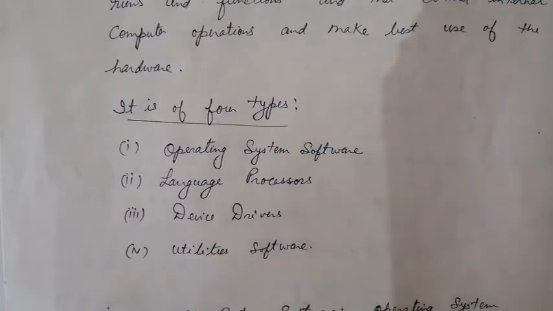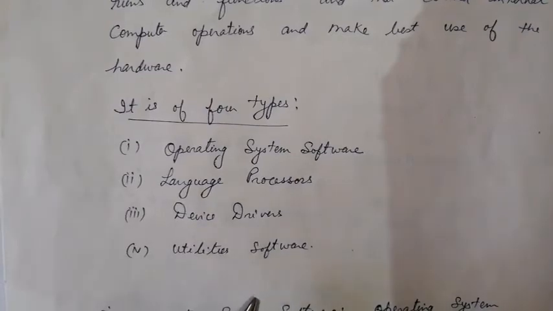Then is utilities software. Utility software, as the name is, a software with utility. What is utility? Utility means tools which we use to clean up our houses. So that is utility software: software containing tools to maintain our computer system.